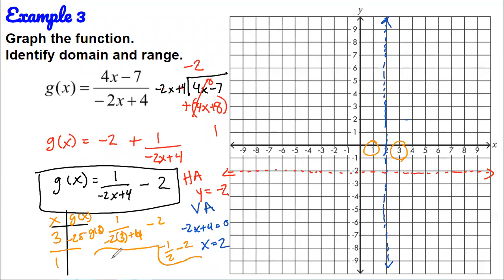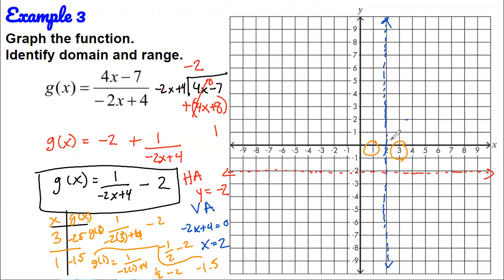We have G of 1 equals 1 over negative 2 times 1 plus 4. We have negative 2 plus 4, which is 2, so 1/2. Positive 1/2 minus 2 is negative 1.5. So let's graph these.